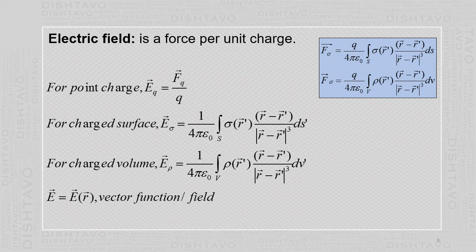Now when this idea was first put forward, other scientists could not understand this concept of non-contact forces. They said that if the two bodies are not in contact, how can these bodies exert force on each other?